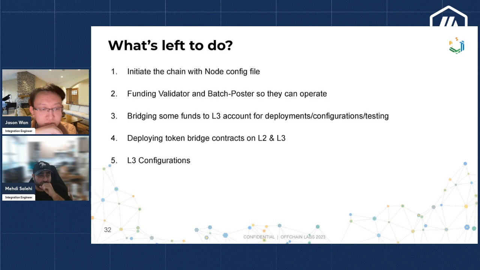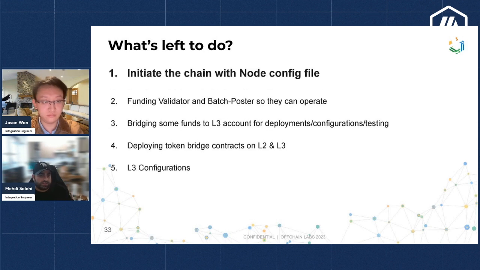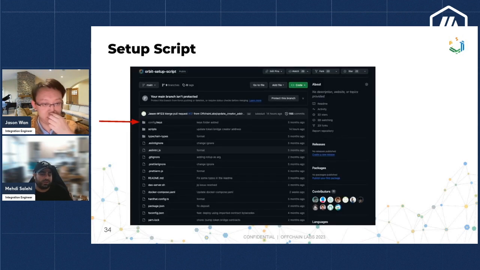Also, you need to bridge some funds to L3 so that you can deploy contracts there, configure things, and test. You also need to deploy your token bridge contracts on L2 and L3, and configure the L3 part, your L3 chain, as well. So let's start with initiating the chain with the node config that you downloaded.